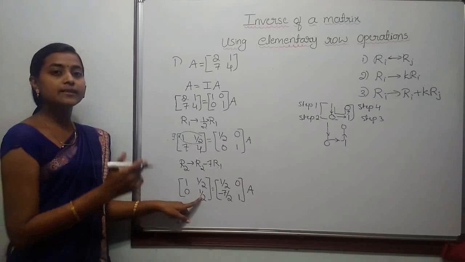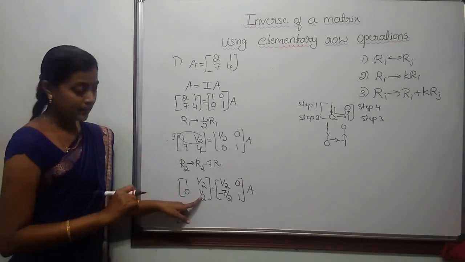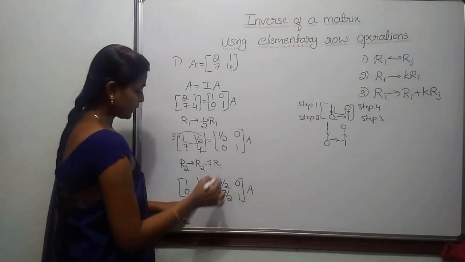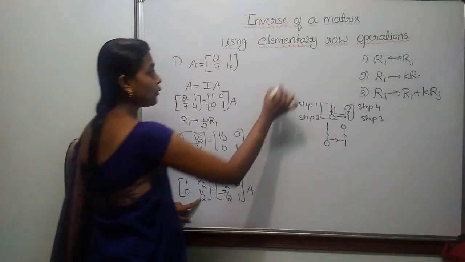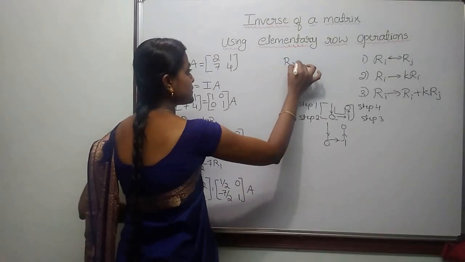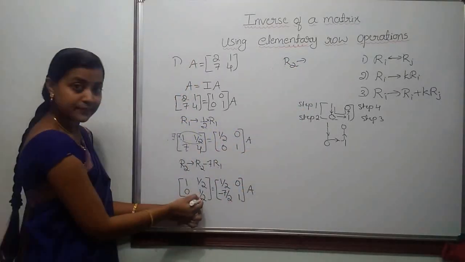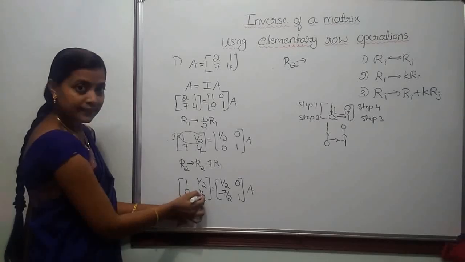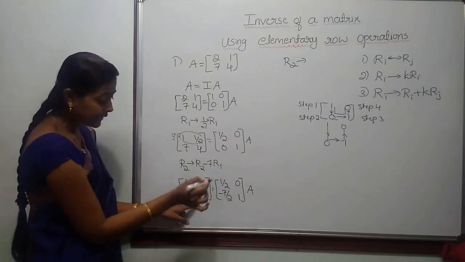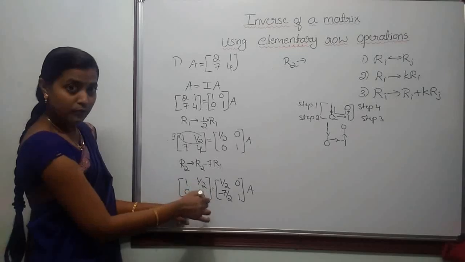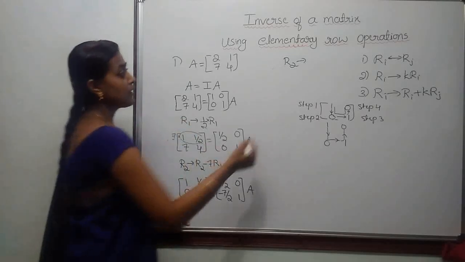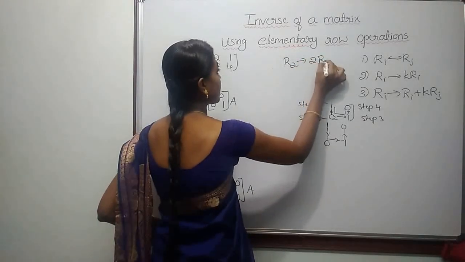How can you reduce this element to 1 then? The method is, we have to change second row, then R2 has to be changed to make this 1. Multiply the reciprocal of this element here. Reciprocal of 1 by 2 is 2. Multiply 2 to R2.